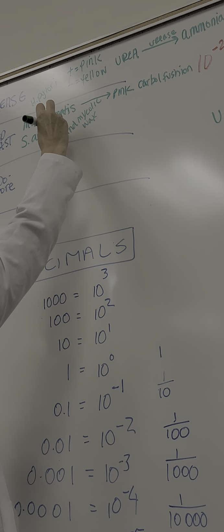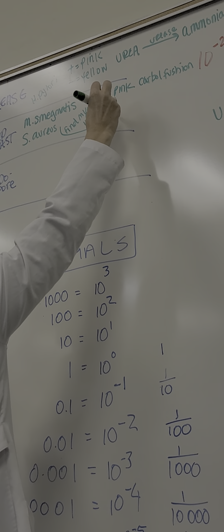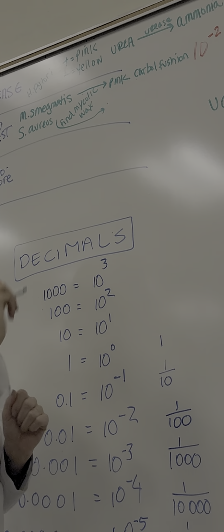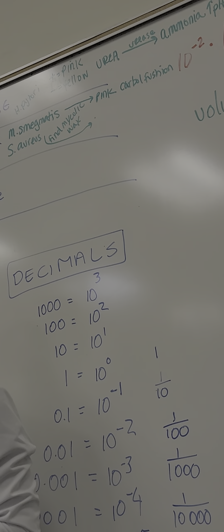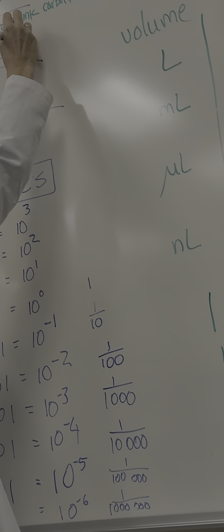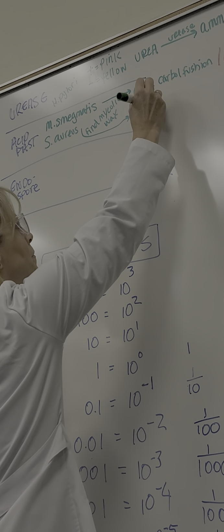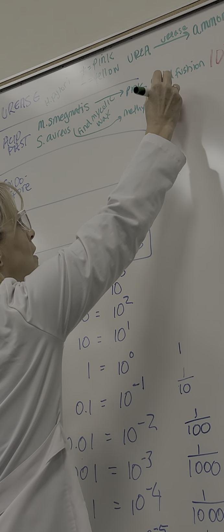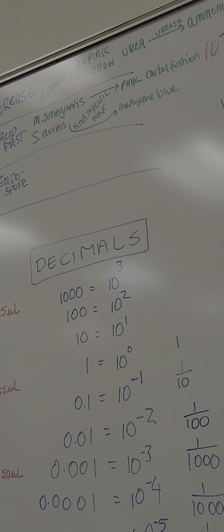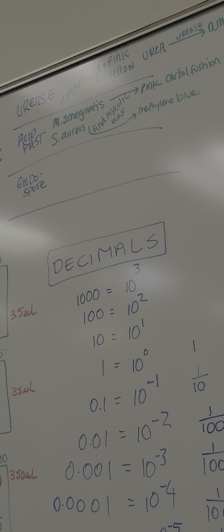Then what was our secondary stain? What was it? What was our secondary stain? Methylene blue. Blue. Sorry if my spelling's not right. Methylene. Yeah, that looks right. So methylene blue is going to be Staph aureus.